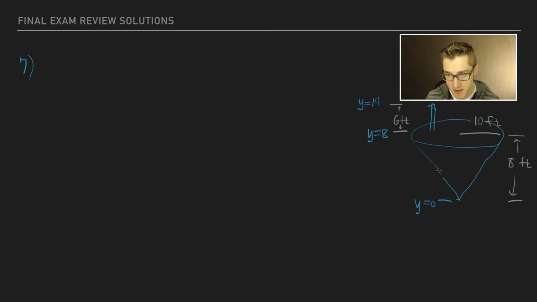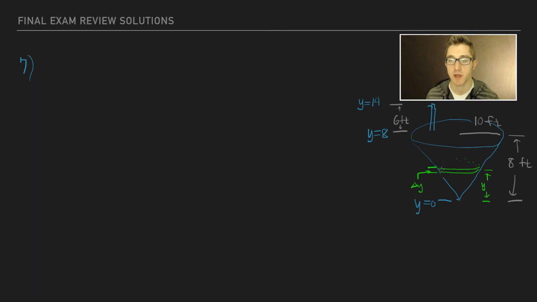Now, the way we go about solving problems like this is we consider, for y between 0 and 8, a slice of water that is, say, delta y thick. So thickness is delta y, and it's at height y above the bottom of the cone.